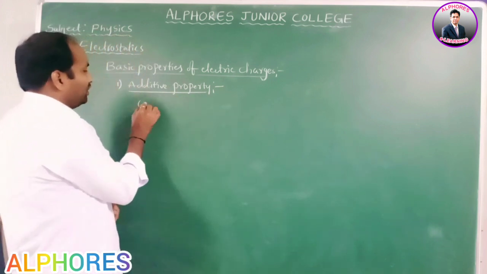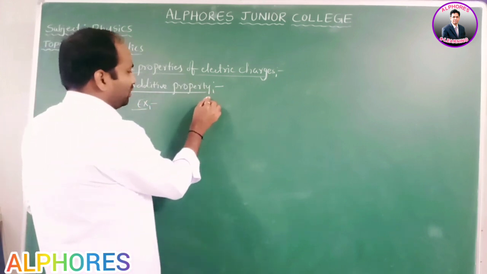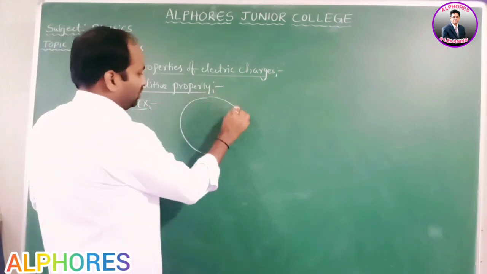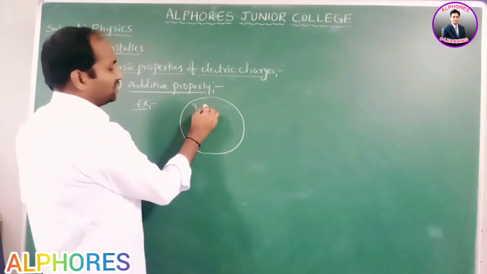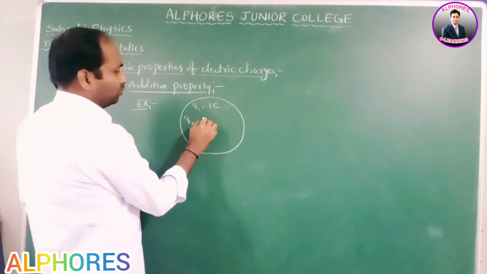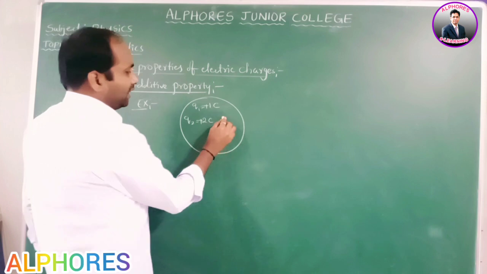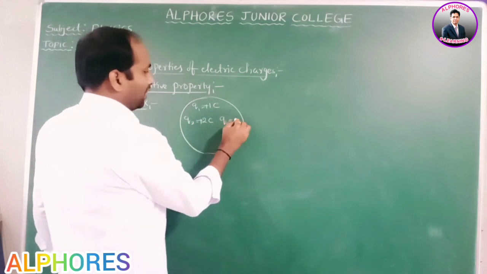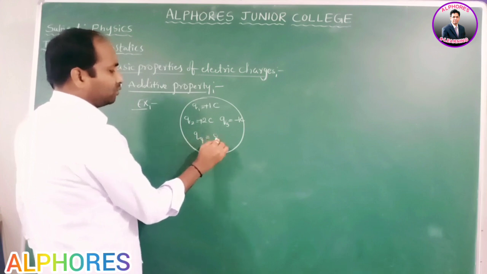For example, you may take this as one of the systems, containing so many charged particles. Let Q1 equal plus 1 coulomb, Q2 equal plus 2 coulombs, Q3 equal minus 1 coulomb, and Q4 equal 8 coulombs.